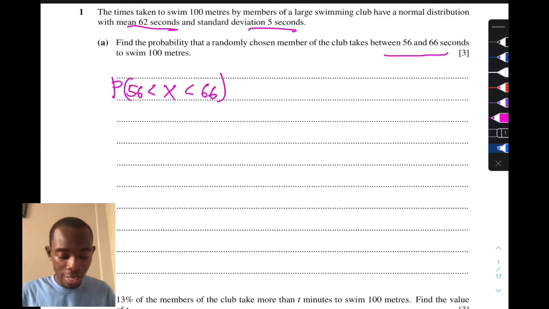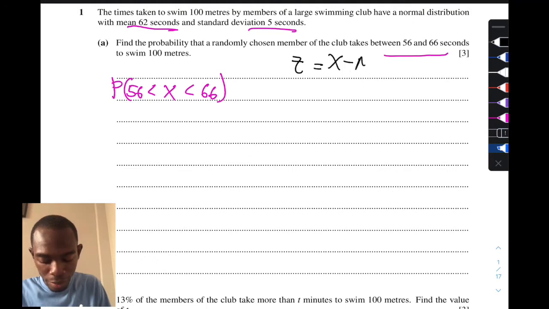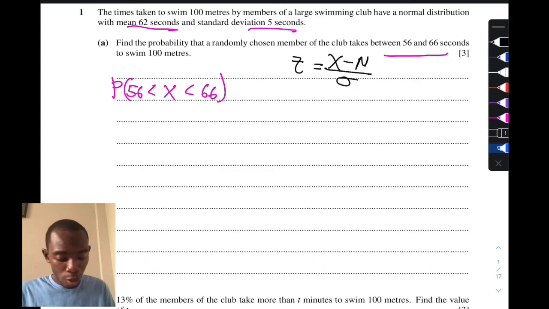Okay, that is it. Now the formula used to standardize any random variable is given as z is equal to x minus mu over the standard deviation. Okay, so this is really important, and this formula we are going to use throughout.